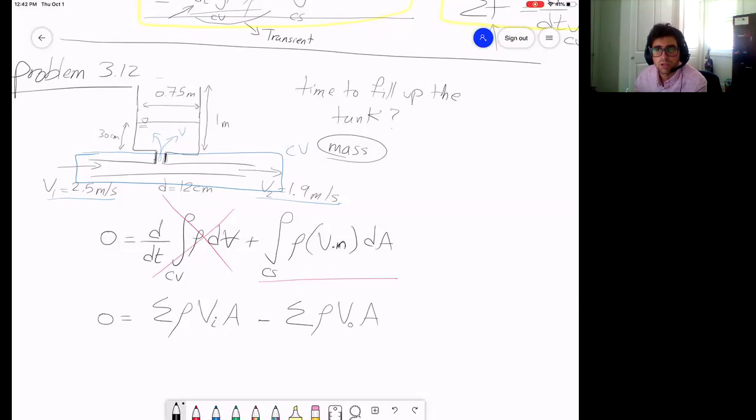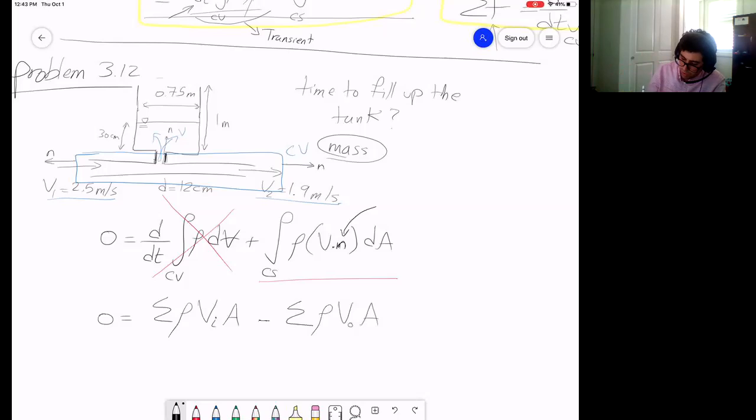Okay. And what does that mean? Or my bad, shouldn't it be the other way? Because V dot N would be negative for the inlet. Yes, very good, exactly. N is always facing outwards, right? So here's your N, N, and N. For the inlet, the velocity is coming in and N is facing outward, so you have a negative value.